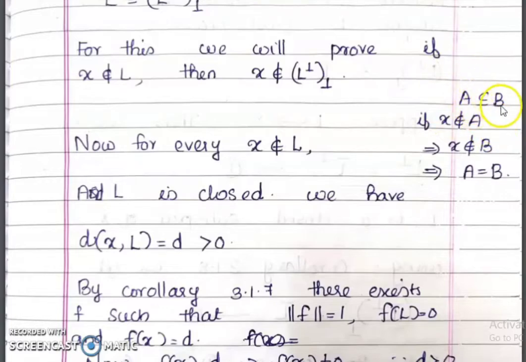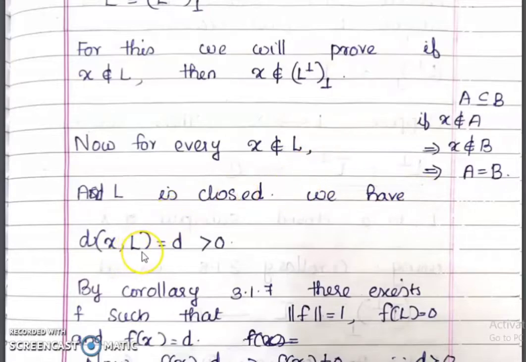Therefore, if A is a subset of B and if x not belongs to A implies x not belongs to B, and this is true for any x not belongs to A, this implies A must be equal to B. Now suppose x not belongs to L, where L is a closed subspace. Given that, what do we get?